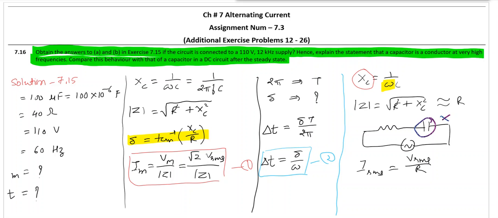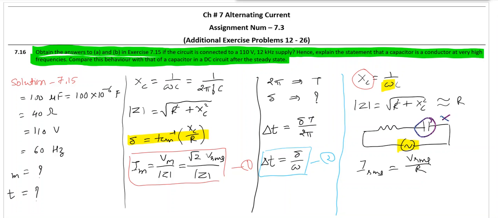But suppose instead of this AC source, if we consider DC, then the situation will be very opposite, because in case of DC, the capacitor will not allow any charge to flow once it is fully charged, that is steady state. So initially for a few milliseconds or microseconds, you may see the flow of charge, but then you will not have any flow of charge.